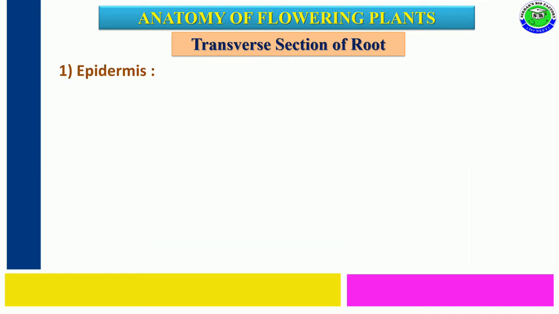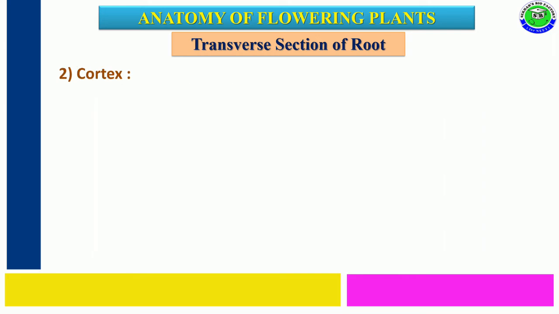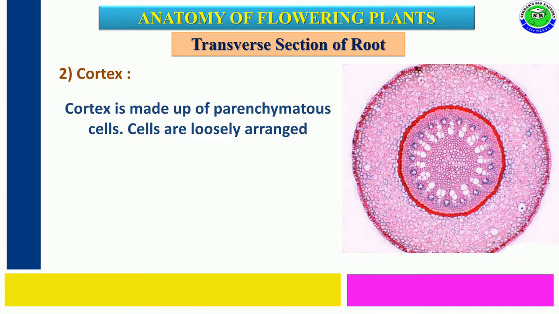The first one is epidermis or epiblema. So epidermis is the outermost layer of the transverse section and has a large number of unicellular root hairs in its structure. But cuticle along with stomata are completely absent in root epidermis. The second part is cortex.